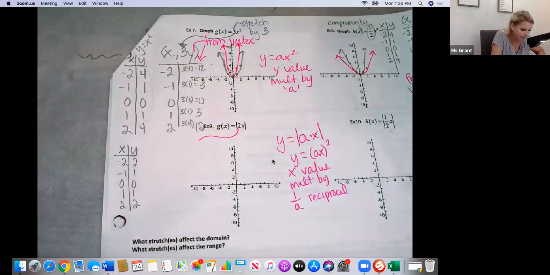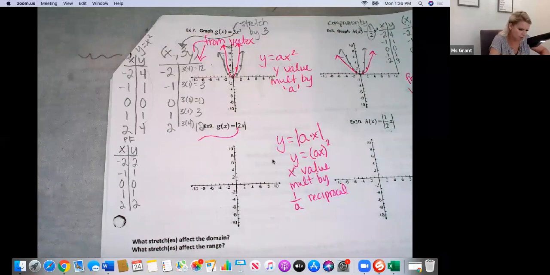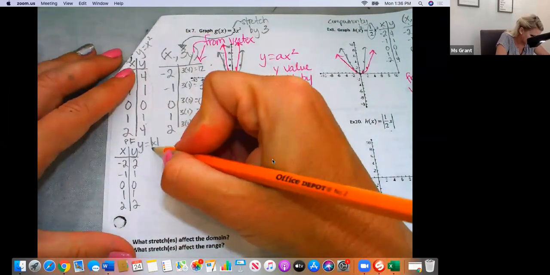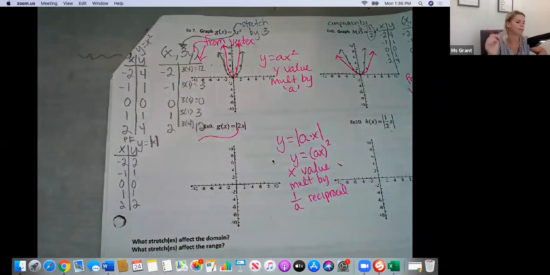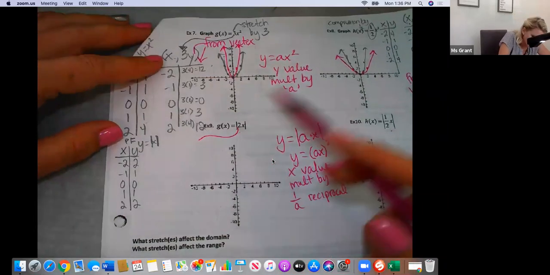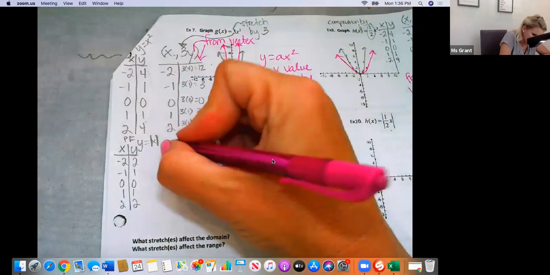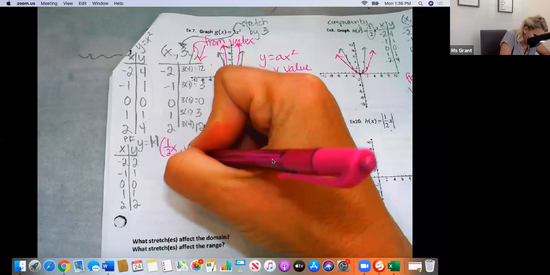That's just my parent function for absolute value. It's Y equals the absolute value of X. My new, remember, the reciprocal of 2 is 1/2, and that's going to be multiplied by my X term, and then Y stays the same.